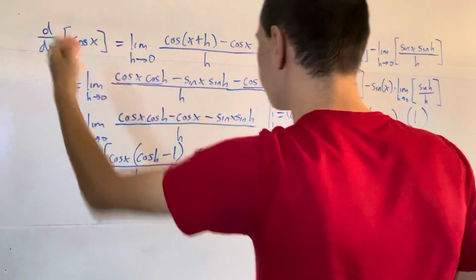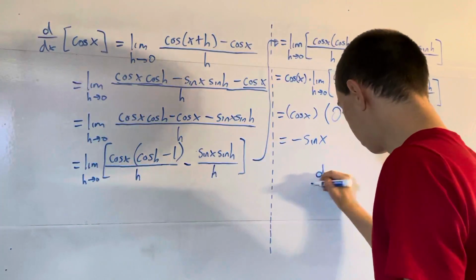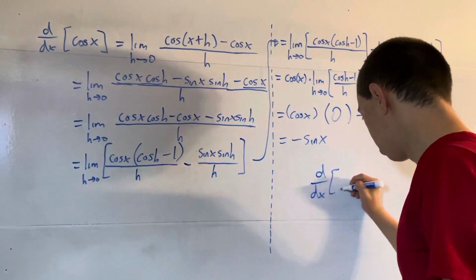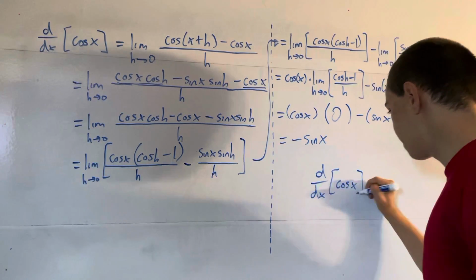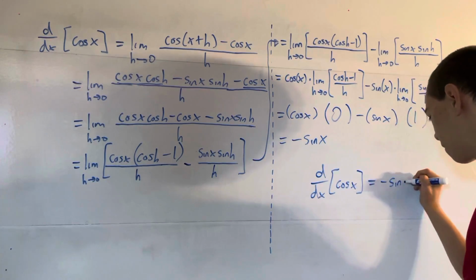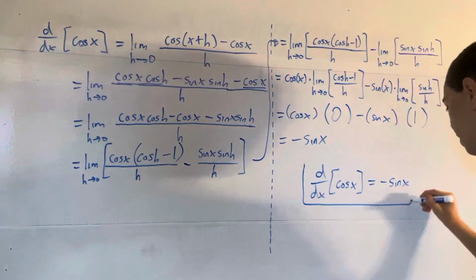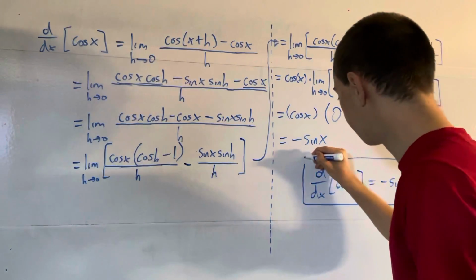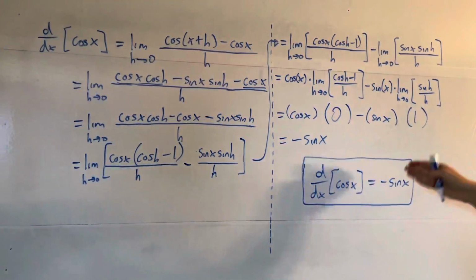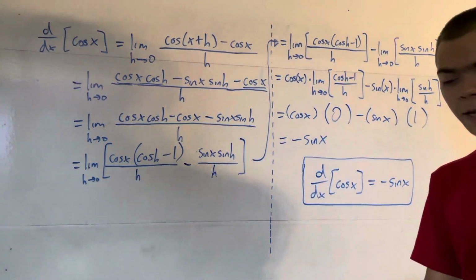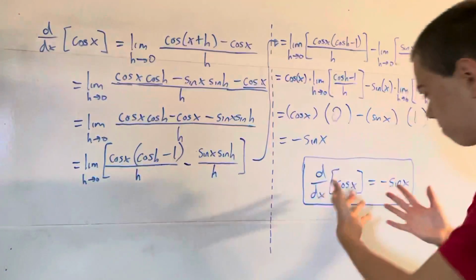And so the derivative of the cosine of x is equal to the negative sine of x. So this is the whole idea of the derivative of the cosine of x. It is equal to the negative sine of x. And so yeah, that is pretty much it. That is it.